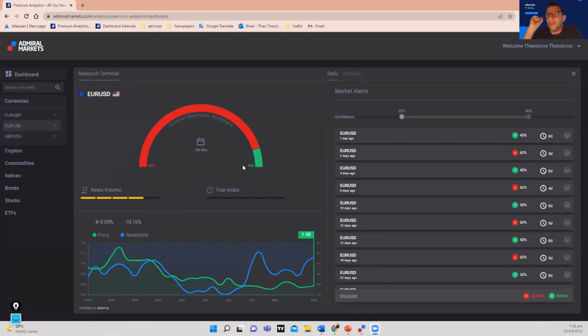Now, by saying that, I don't mean I see this 90% bearishness, 10% bullishness, and I will straightforwardly open my Admirals MT5 platform and press blindly the sell button. No, that's not what I mean here. I mean that I have a good understanding where the money flows in the market.